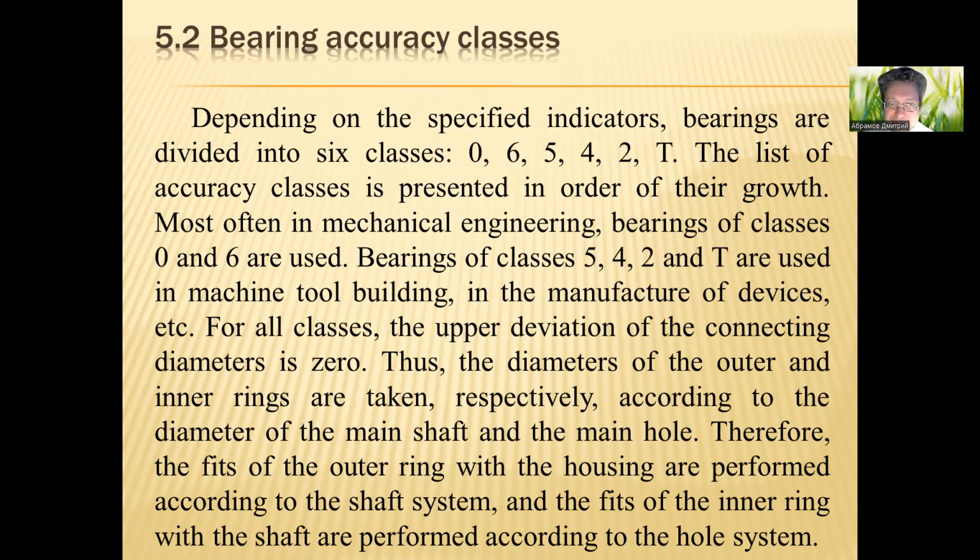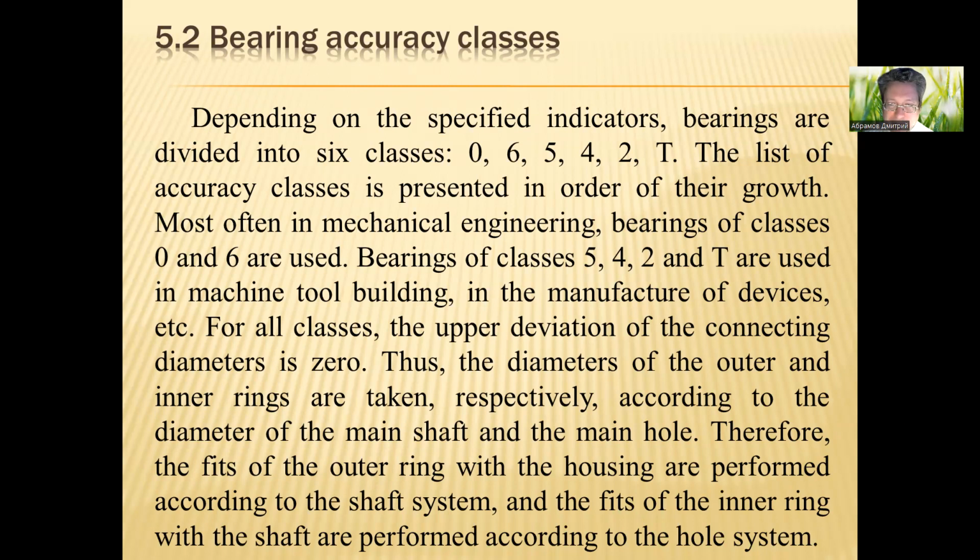Most often in mechanical engineering, bearings of classes 0 and 6 are used. Bearings of classes 5, 4, 2, and T are used in machine tool building, in the manufacture of devices, etc.